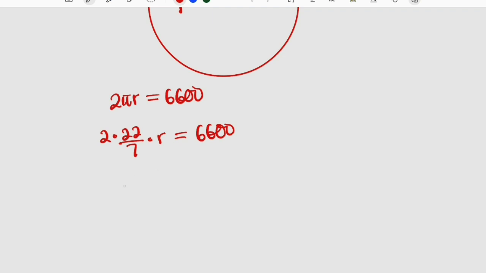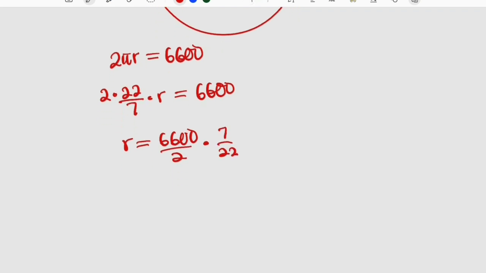So to find the value of r, which is the radius, this will be equal to 6,600. I can divide both sides by 2 first, then I multiply by the reciprocal of this, which is 7 divided by 22. So this is what we are going to simplify to get our radius. I can take my calculator and press 6600 multiplied by 7.